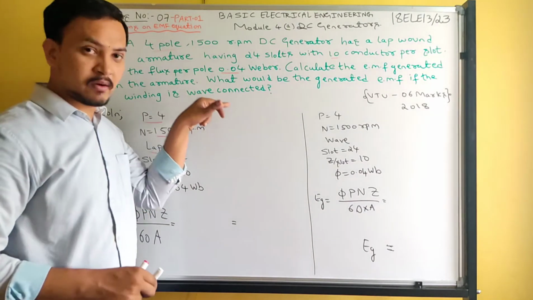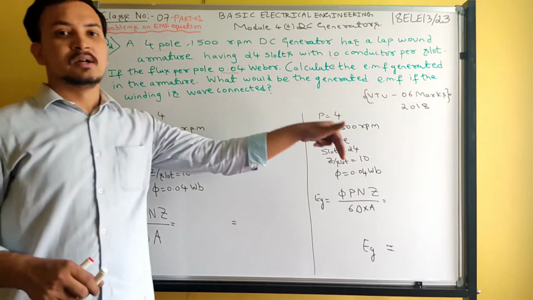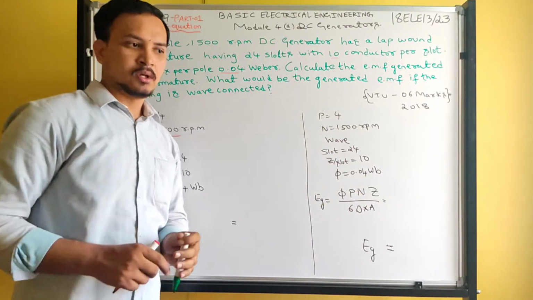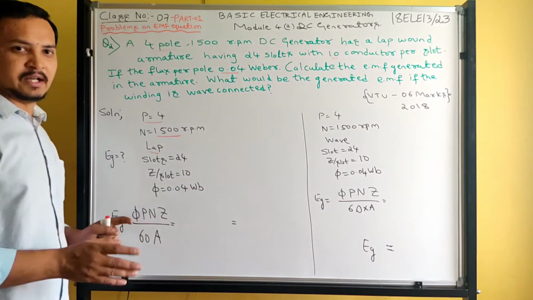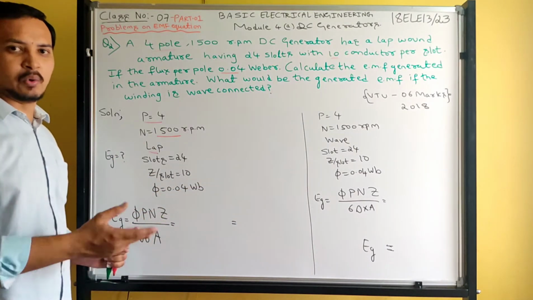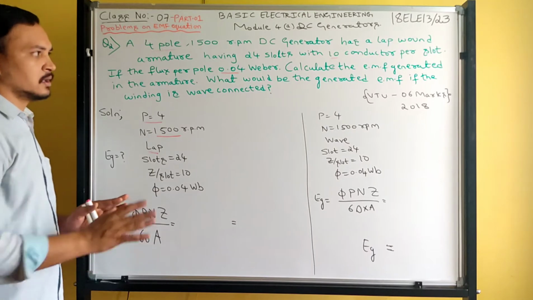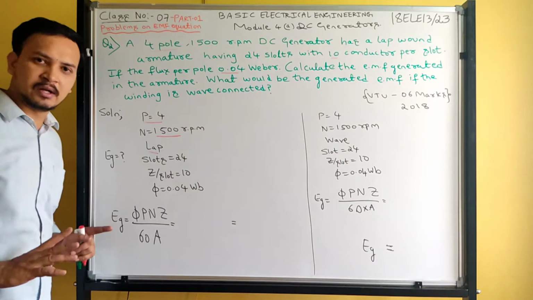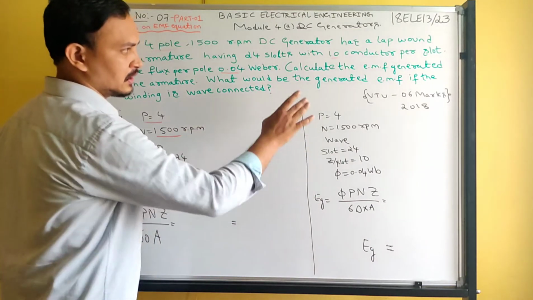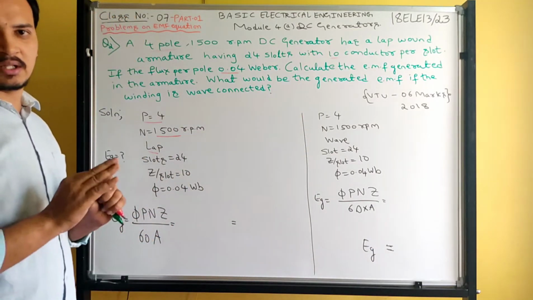Similarly, if it is wave connected, you find the generated voltage. You need not take this EMF to that side. They didn't ask to find new speed or new voltage. Data is common. If it is lap connected, find the generated voltage. If it is wave connected, find the generated voltage. That is the question they asked.